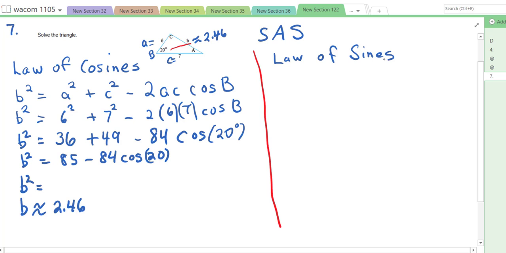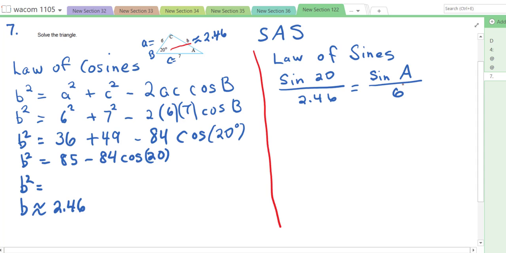I'm going to go for an angle, so I'll put the angle on top. So sine of 20 over 2.46 equals sine of A, angle A, over 6.